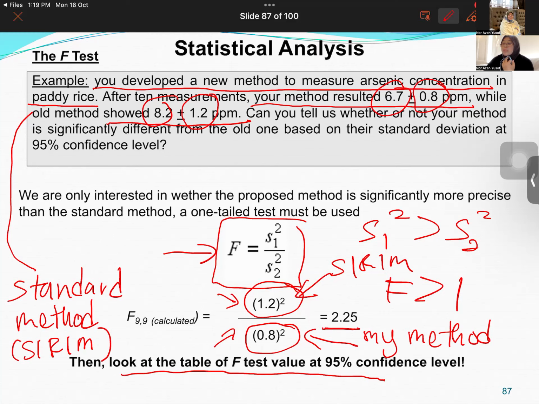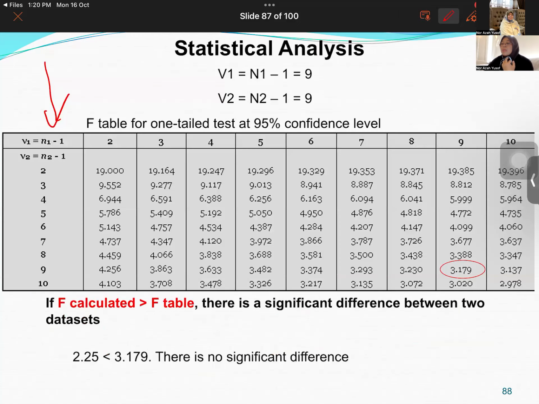Then we have to look at the samples by CHM. Here it is mentioned after 10 measurements, meaning that you have 10 observations for both. CHM also has 10, and my developed method is also based on 10 observations.